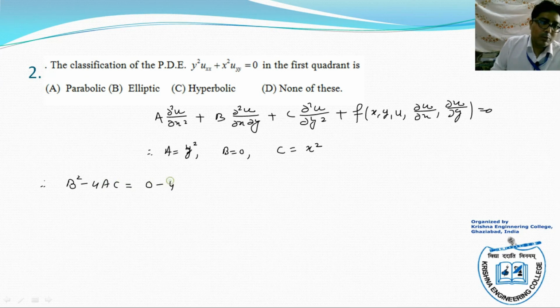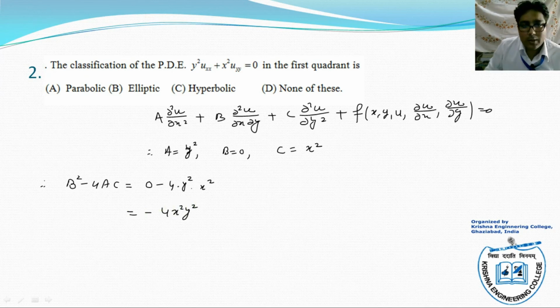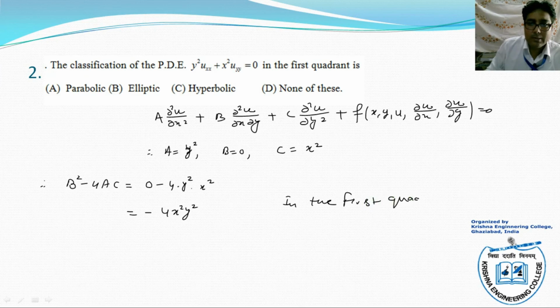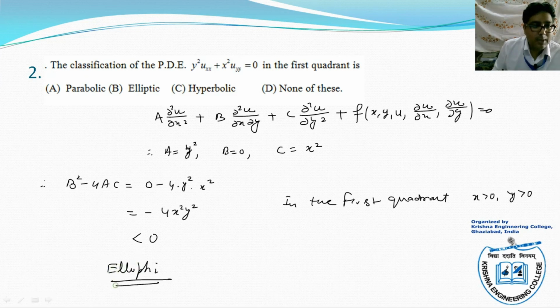B is 0 minus 4 into y square into x square. So this becomes minus 4 x square y square. In the first quadrant, x positive and y positive, so this becomes negative always. So the given equation is elliptic. So option B is true here.